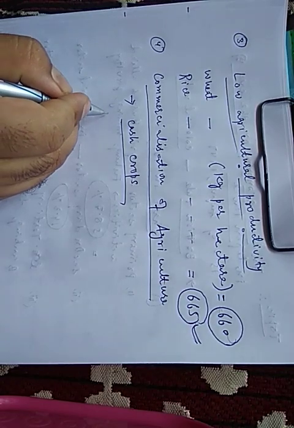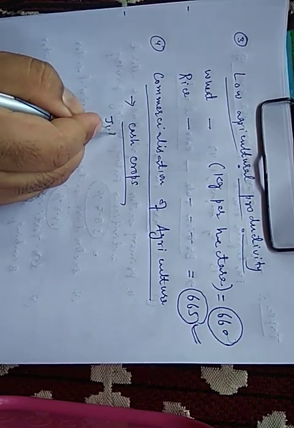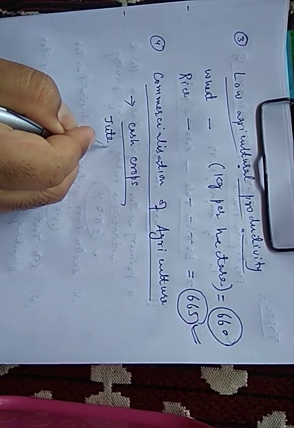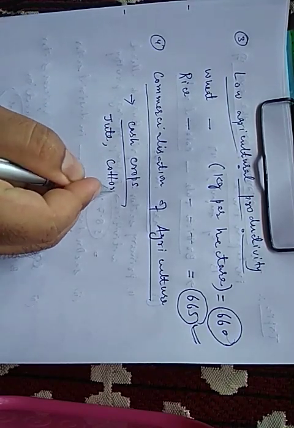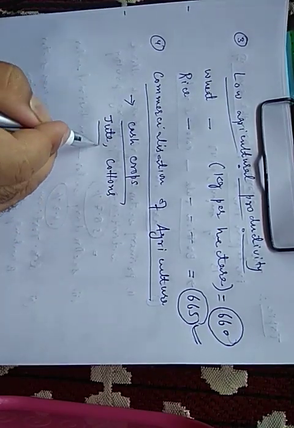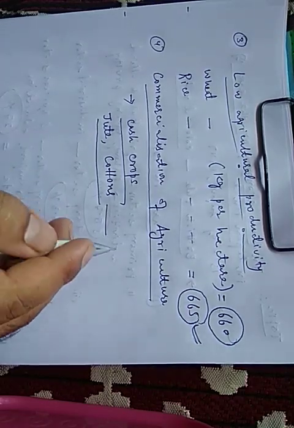A few cash crops were produced at the time of independence, such as jute and cotton, but their benefits were mainly exploited by Britishers.